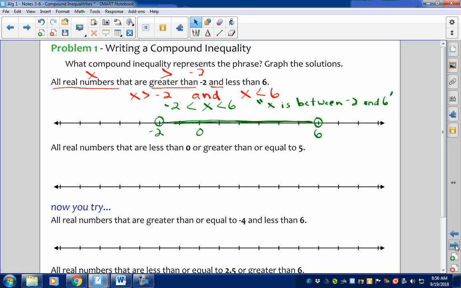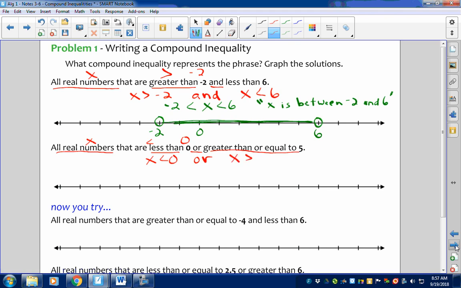Here's what the or looks like. It says all real numbers x that are less than 0, so x less than 0, or, so we write down the word or, all real numbers x that are greater than or equal to 5, so x greater than or equal to 5. So I've got this part right here, and then we've got the less than 0 right here, separated by an or.